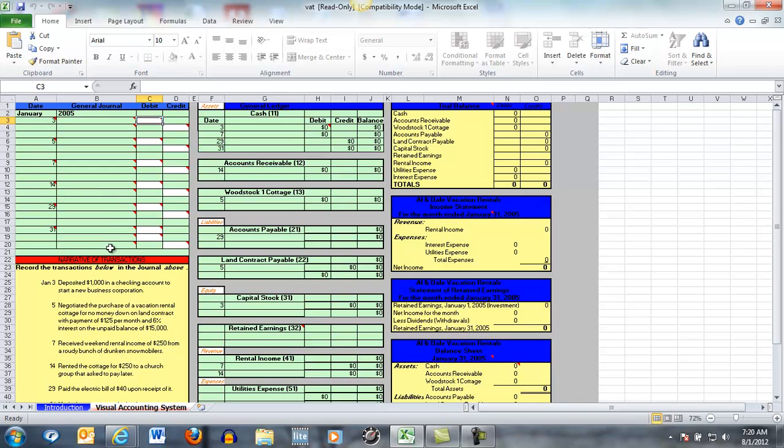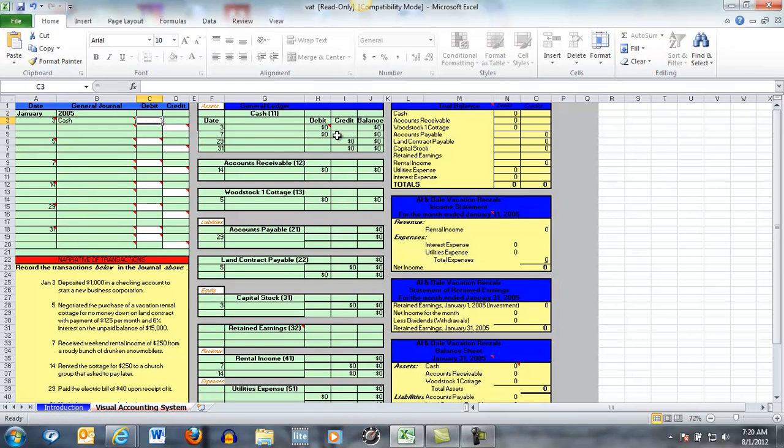So if you notice, when you start recording these transactions, start right here with January 3rd, deposited $1,000 in a checking account to start a new business. So you would come over here and you would put in cash here, because you notice that the little marker says to put cash here. And then the amount is $1,000.